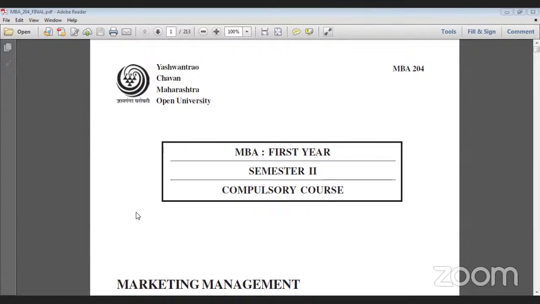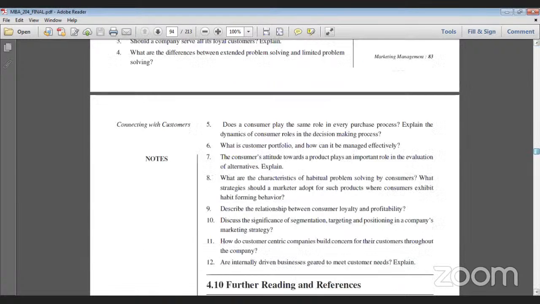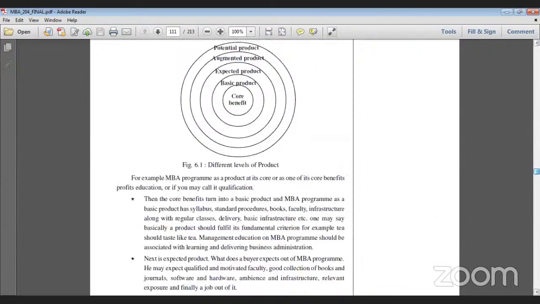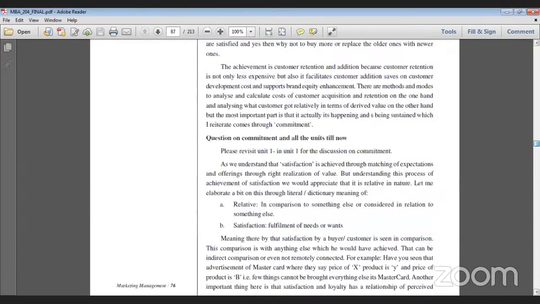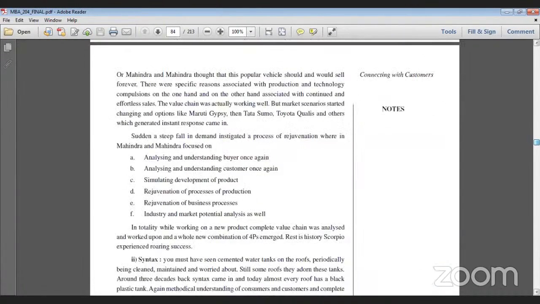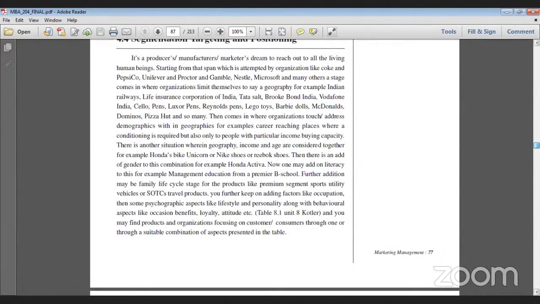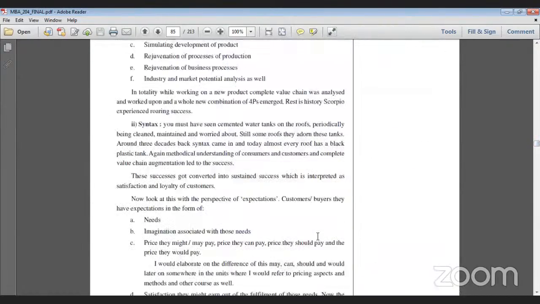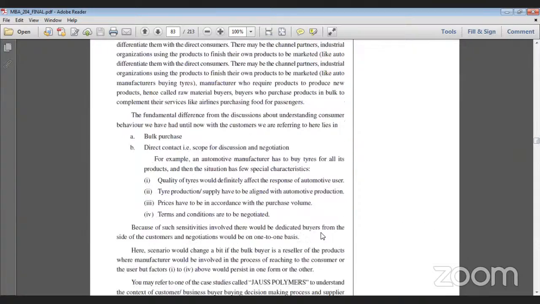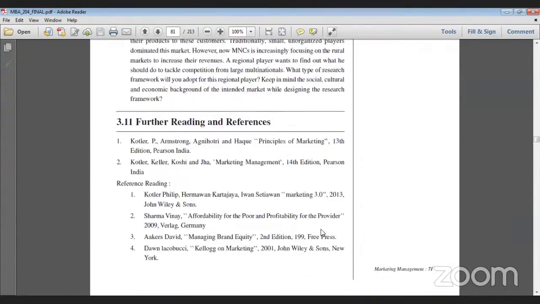Good afternoon. So we are going to see MBA first year, second semester, marketing management. We are going to see our third chapter that is called marketing research.